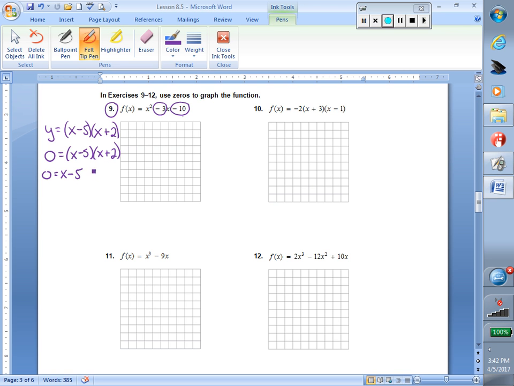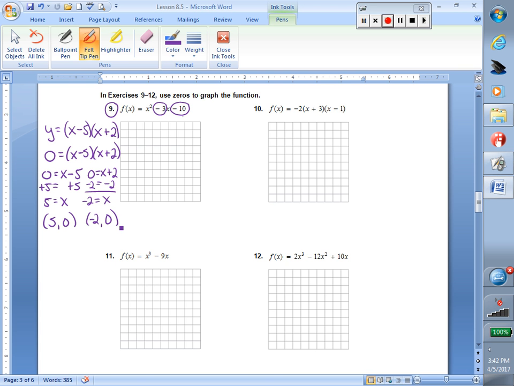So x minus 5 will equal 0, and x plus 2 will equal 0. Simple little one-step equations to solve. My x is 5. My other x is -2. Now I already have 2 points on my graph without doing a ton of work to get there.